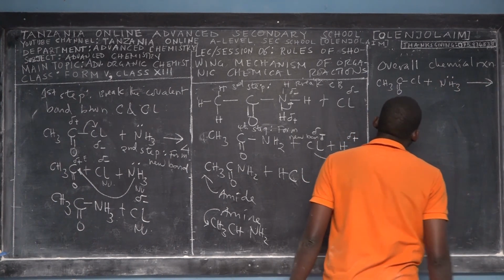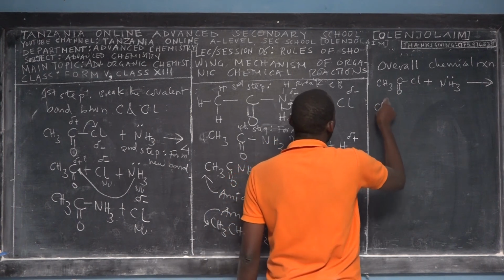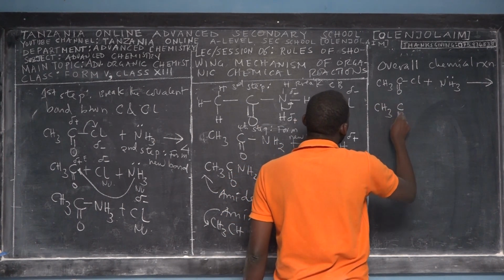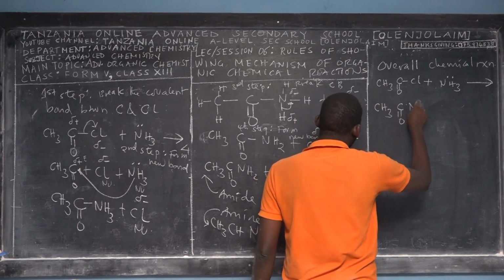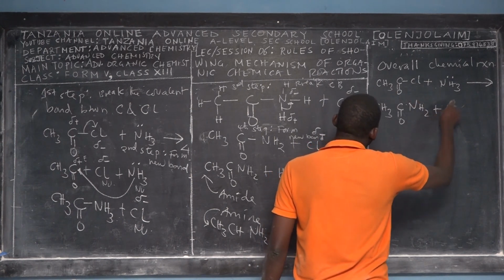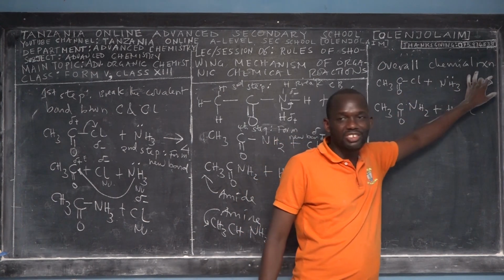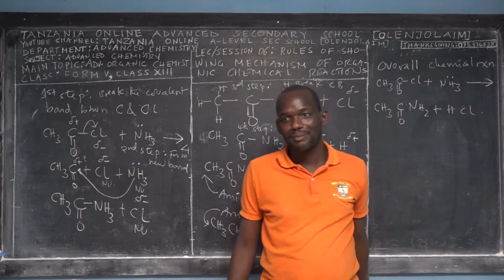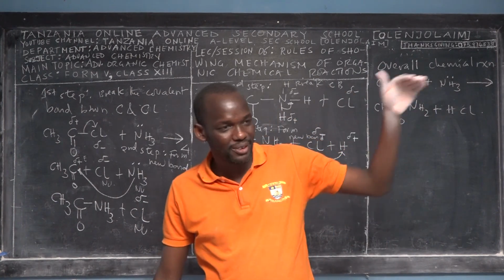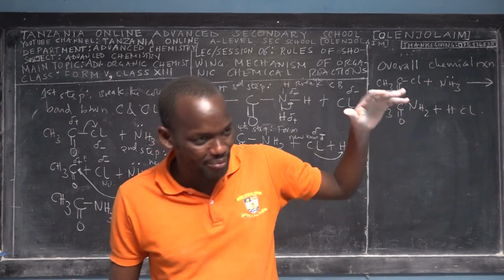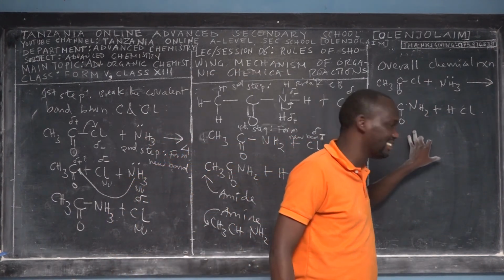And this will make what? So the end product is CH3, then NH2, and HCl. I'm not talking about the conditions necessary for the reaction to take place. That's how we add it up later on. Now I'm talking about the reactant side and the product side.